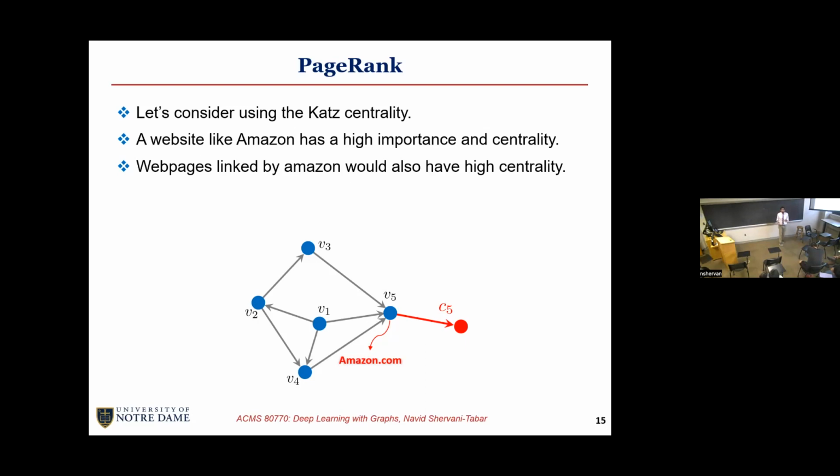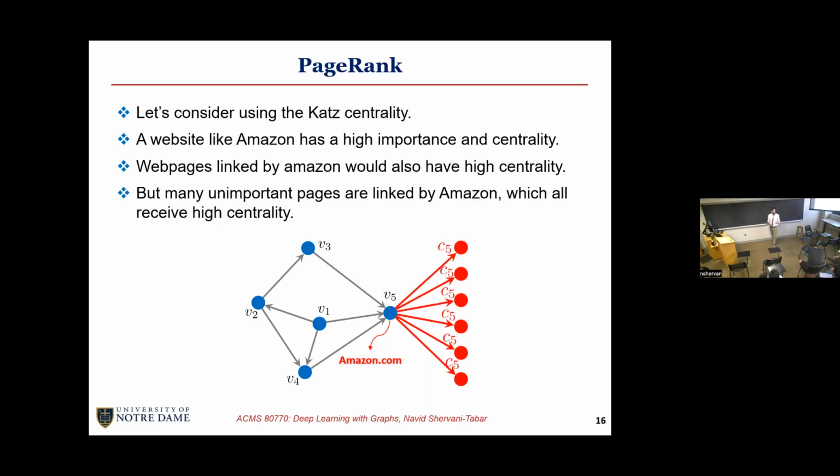But that's not the only website that Amazon is linking. Amazon is linking to a ton of manufacturers that have a single web page that may or may not have any information other than their address somewhere in the world. So each of those will get some measure of centrality, basically the centrality of Amazon, and everyone is going to be very important, high on the list of important websites. But that's not going to be true.